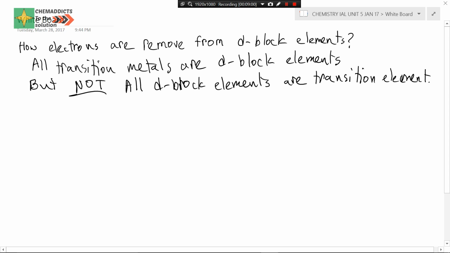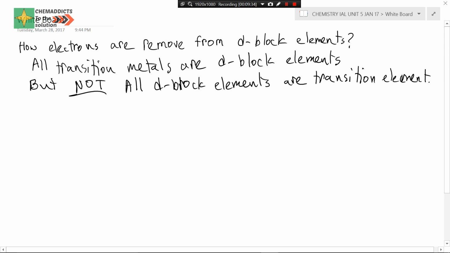So when a d block element loses electrons and forms a positive ion, the outer 4s electrons are always lost before any 3d electrons.